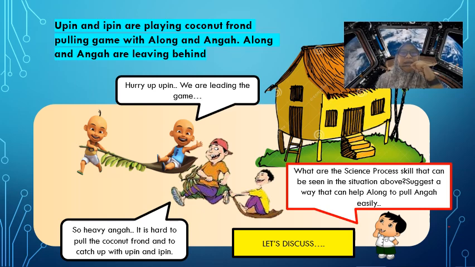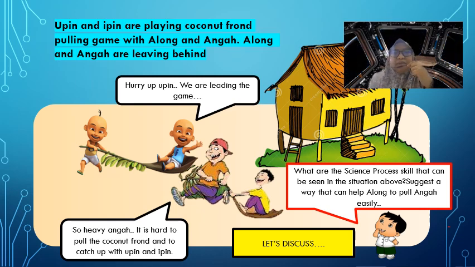So what is happening here is Along said, okay, Angah is so heavy, so it is hard for Along to pull Angah and catch up with Upin and Ipin. So what are the science process skills that can be seen in the situation above? Suggest a way that can help Along to pull Angah easily. So let's discuss why this happens and let's help Along pull Angah easily.